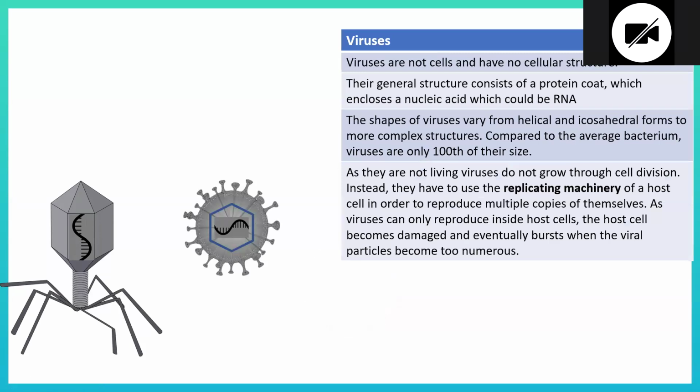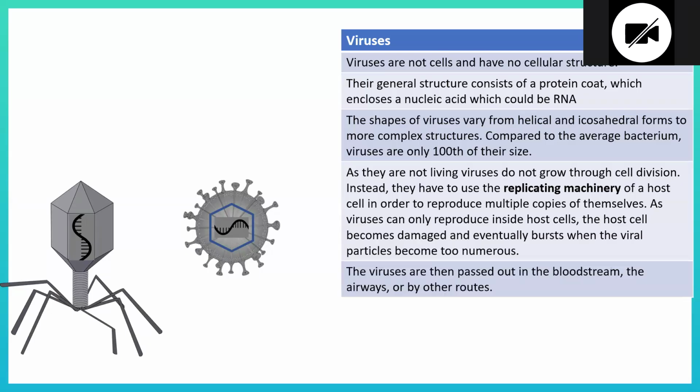So they're not living. What they do is hijack our cells' biochemistry to make our cells make copies of them. So they need a host in order to reproduce. I'm going to show you a video of that in a bit. When they infect a host, the host will eventually become damaged and potentially burst, or just release these particles out of the cell.